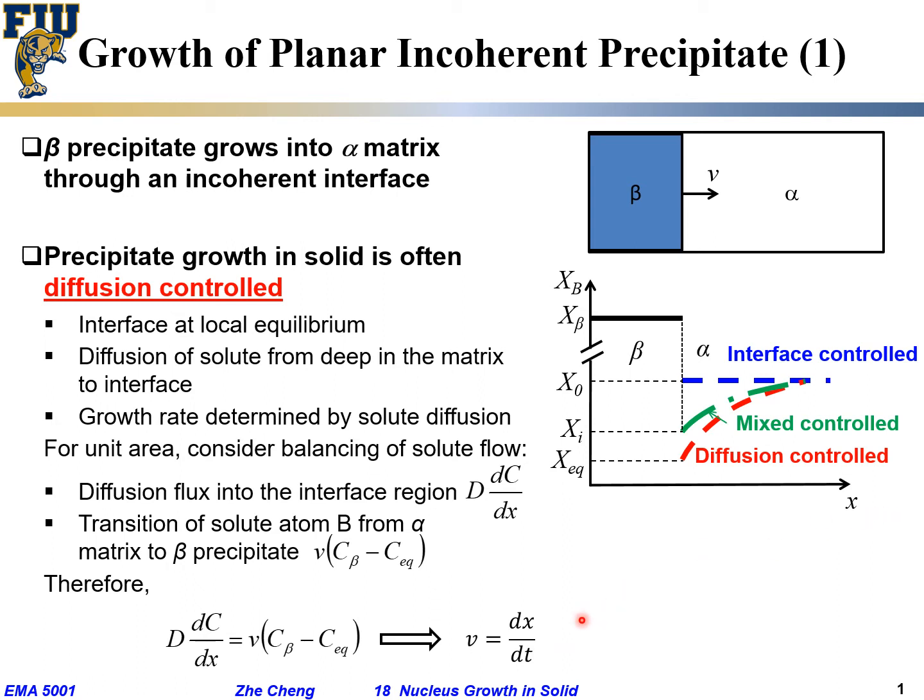The first derivative of location with respect to time would be velocity, which equals D on the left side, move the difference in concentration C beta minus CEQ to the denominator, and keep the dc over dx. So this tells us the velocity of dx over dt, how it relates to the local concentration gradient.